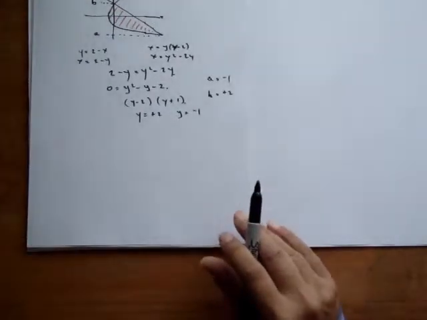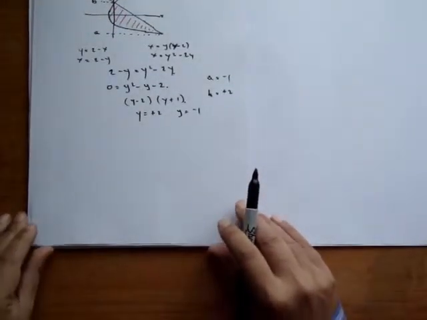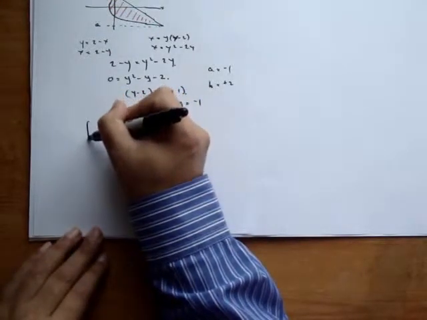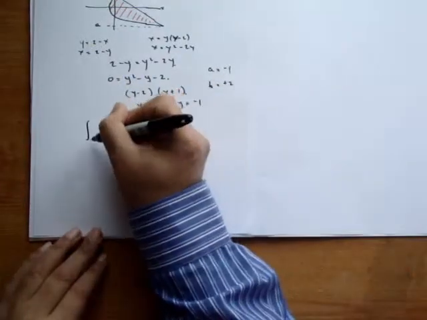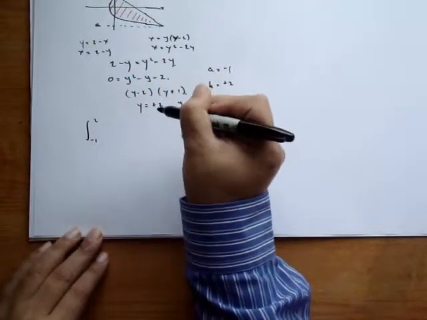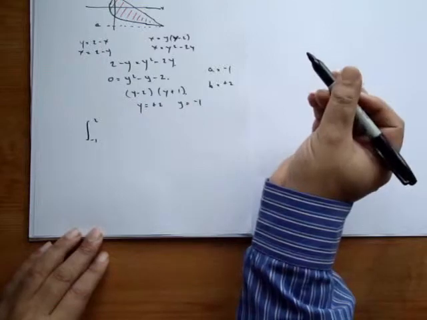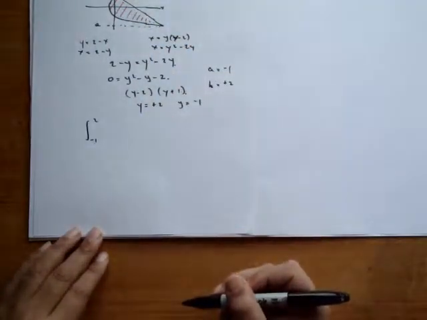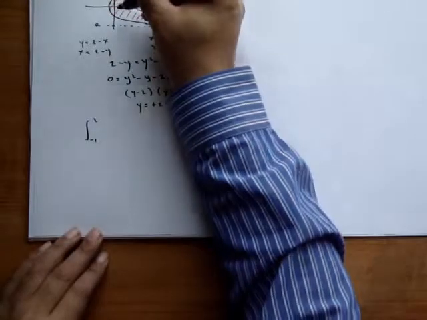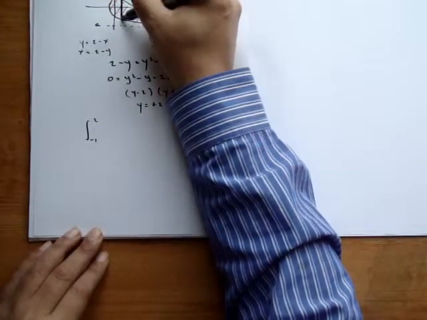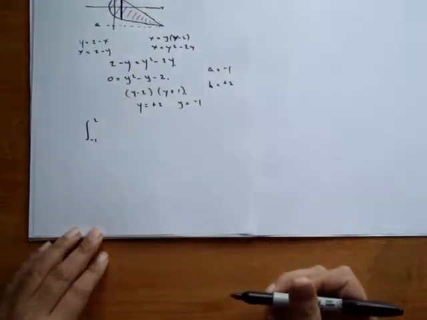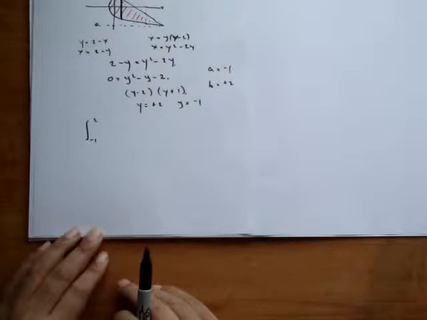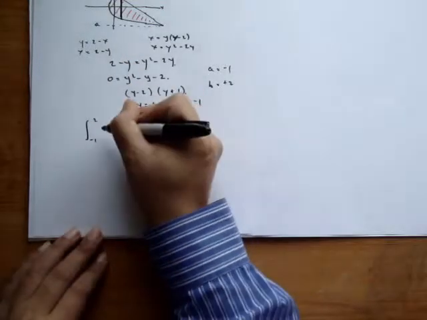So now we can do our definite integral to find the area. So this becomes the integral from minus 1 to 2, and our top line, if we don't know which one it is from our diagram, we can work it out by just doing a test line. So our top line is 2 minus y, which is this one.